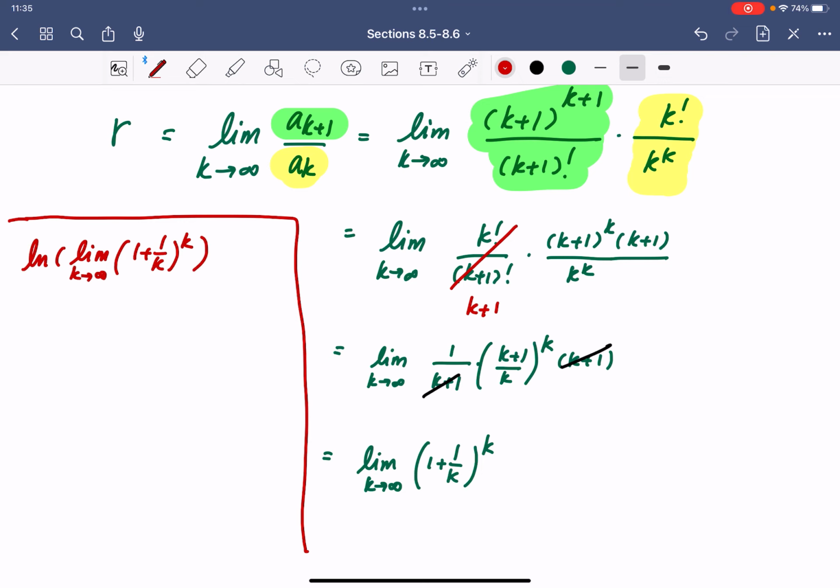So take log first, and then I will switch limit and log. This is a technique that we learned before, and then we're going to just move k down. So it's going to be, sorry, not log k, it's going to be k times log 1 plus 1 over k.